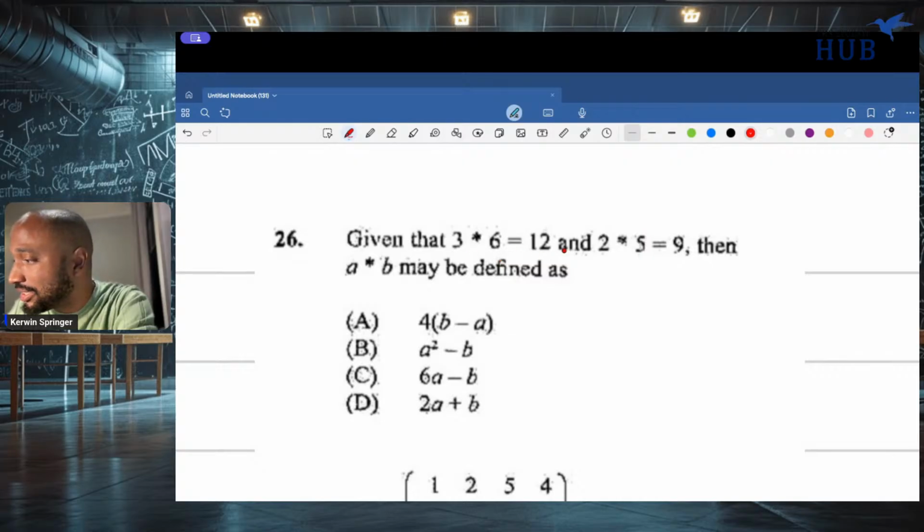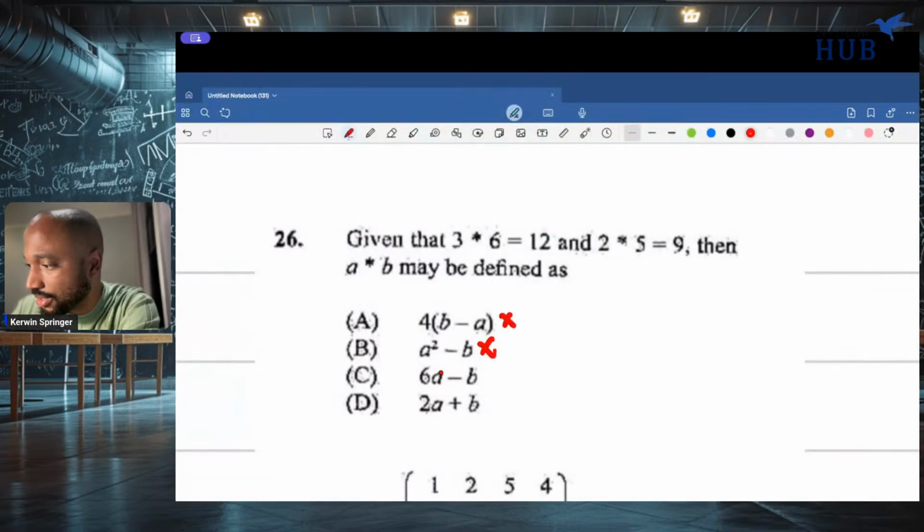3 star 6 is 12, 2 star 5 is 9, then A star B may be defined as... All right, 3 squared is 9 minus 6, is that 12? No. 4 by 3 minus 6, that would be... oh, no, sorry. B minus A. So 6 minus 3, 4 3s are 12, yes. 5 minus 2 is 3 by 4.